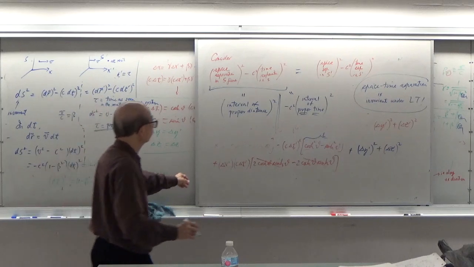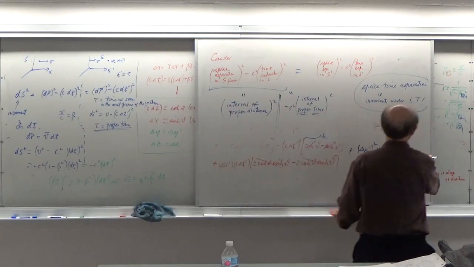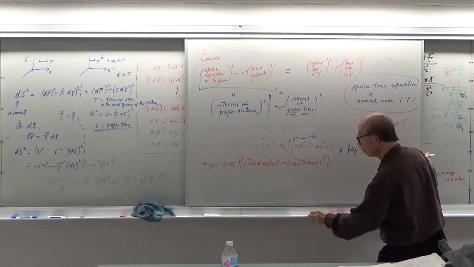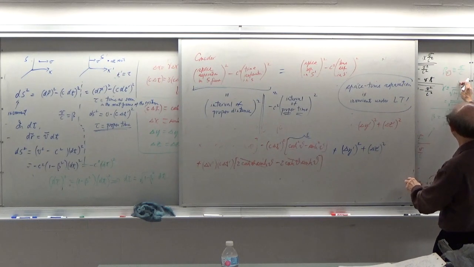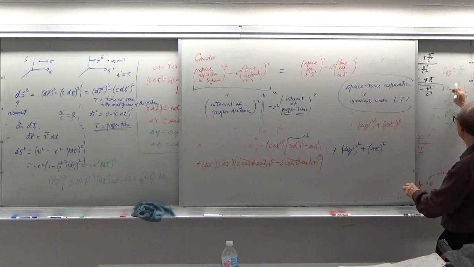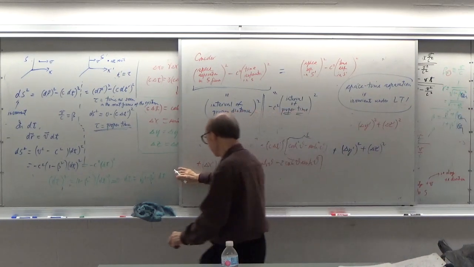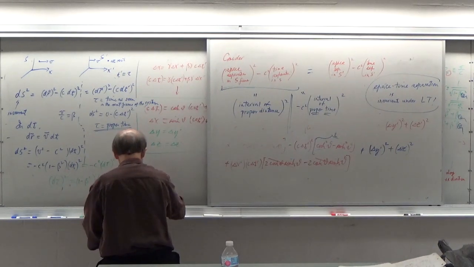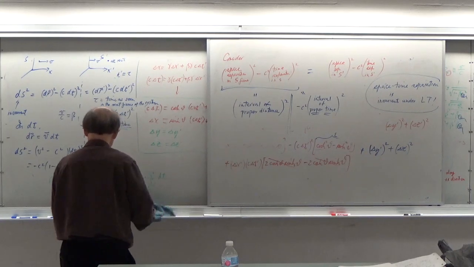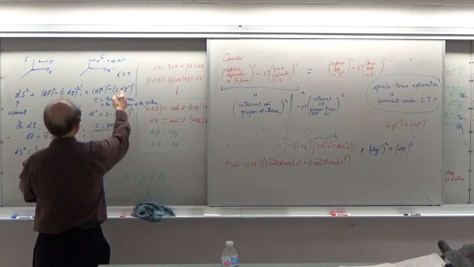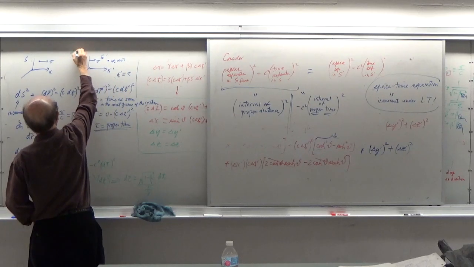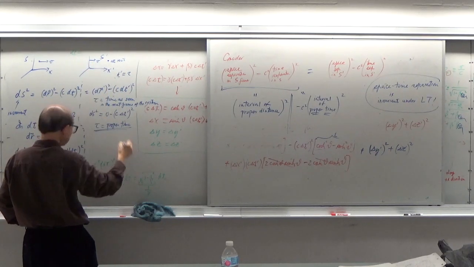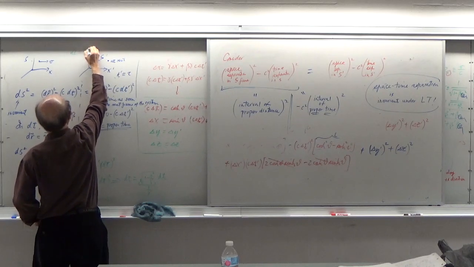So the square root of 1 minus beta squared is nothing but the reciprocal of gamma. This is 1 over gamma. So that d tau, tau being the proper time, is equal to dt over gamma.